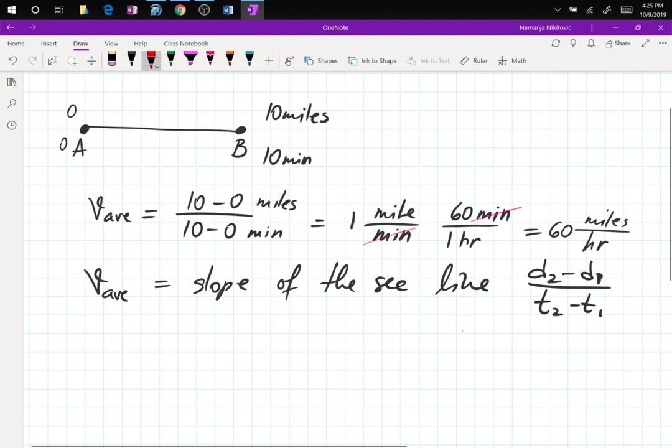So instantaneous velocity is the velocity that you get when you take the derivative of the position function.